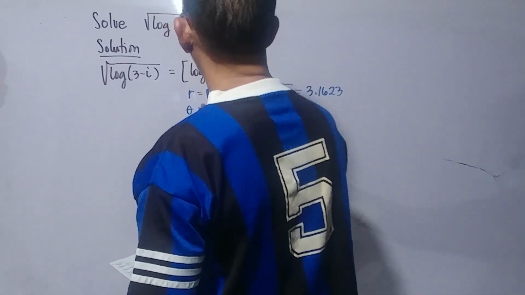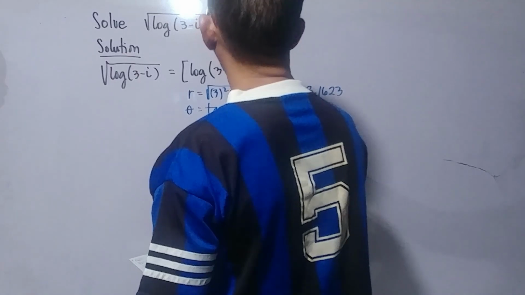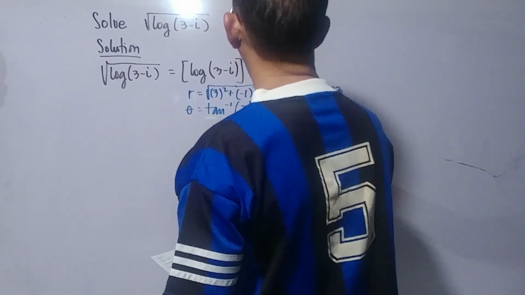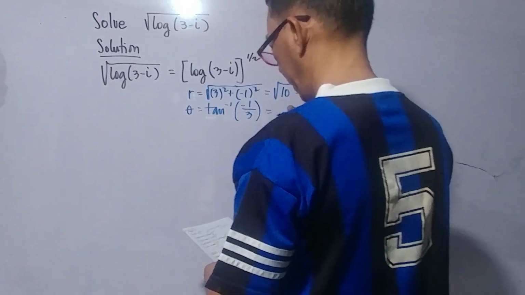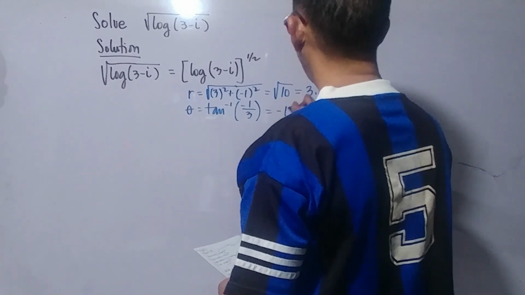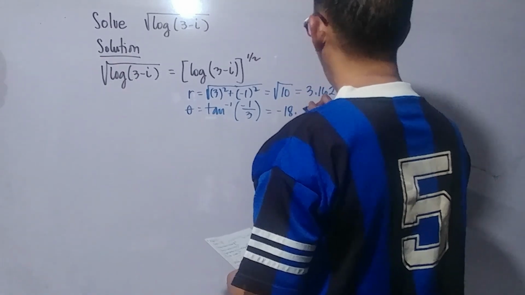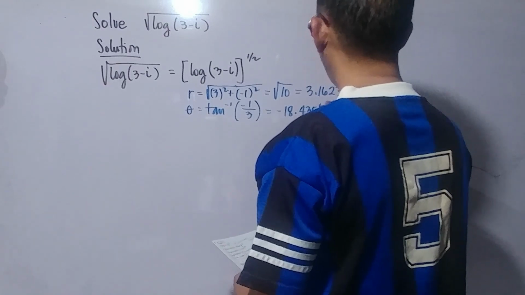Our theta is the arctan of negative 1 over 3, or we have negative 18.435 degrees.